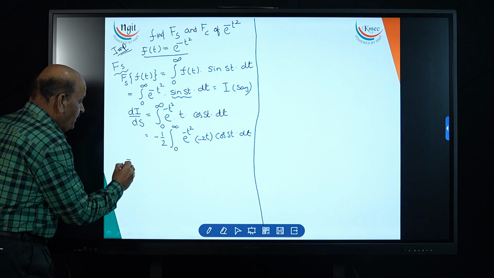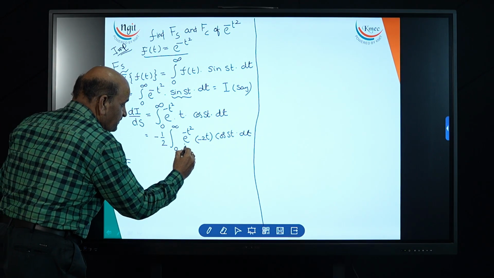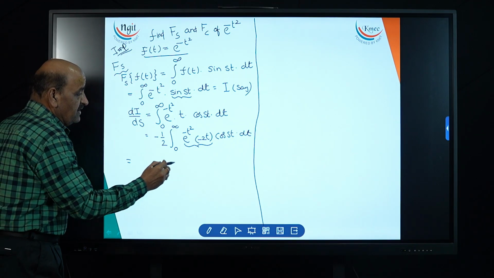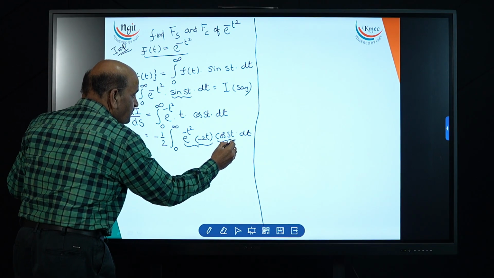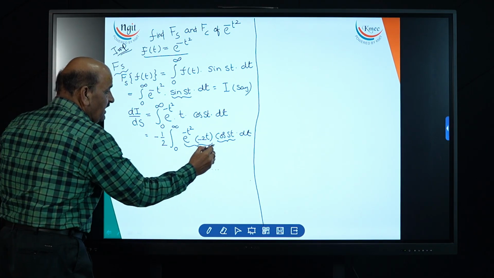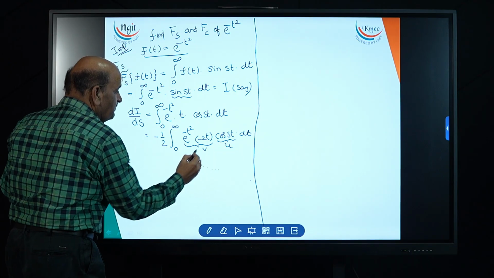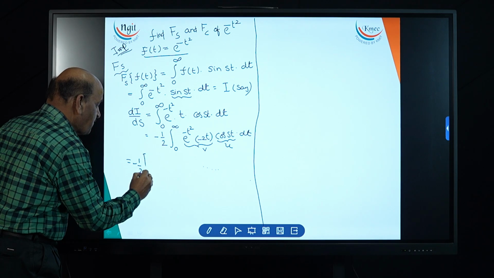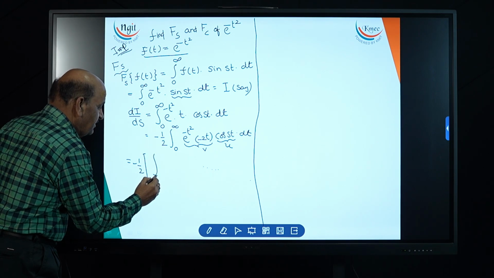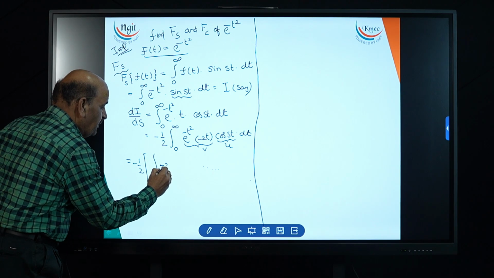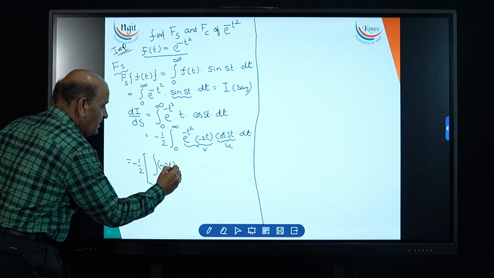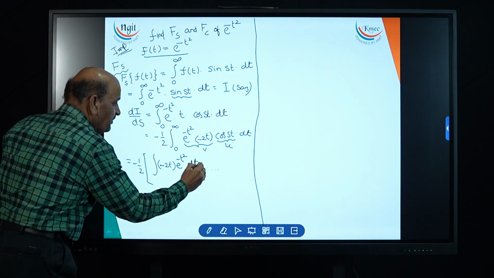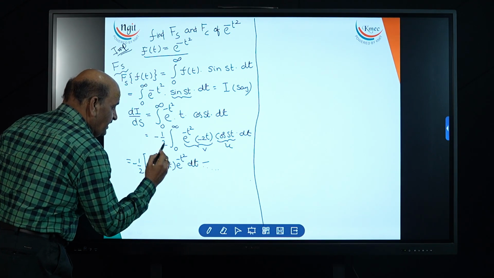Now, take the entire term, this is the UV method. Let it be u, let it be v. Now just look at, this is minus of the integral from 0 to infinity of minus 2t e power minus t square dt.